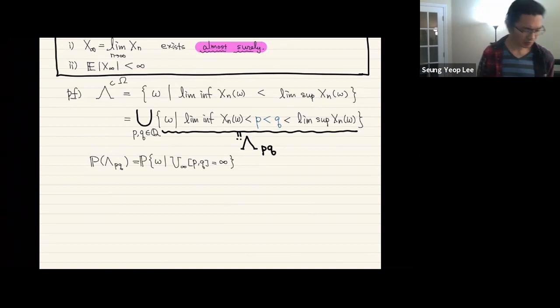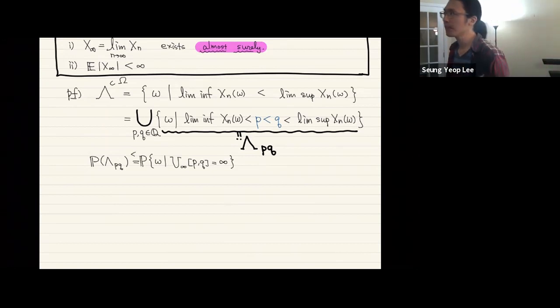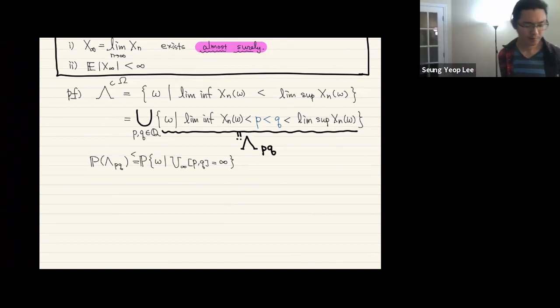But why did I write an inequality here? No, I think there's no inequality.